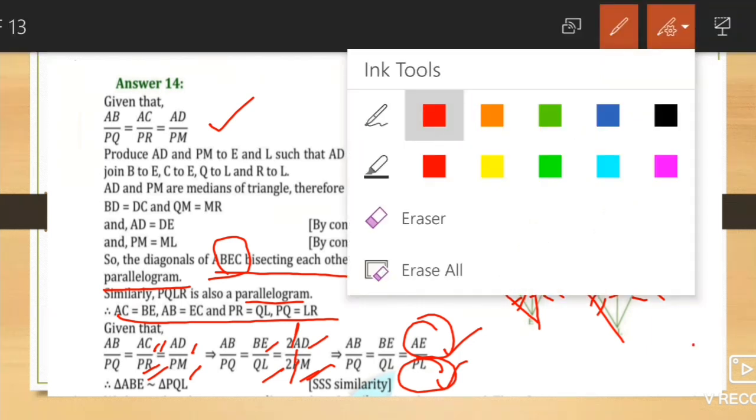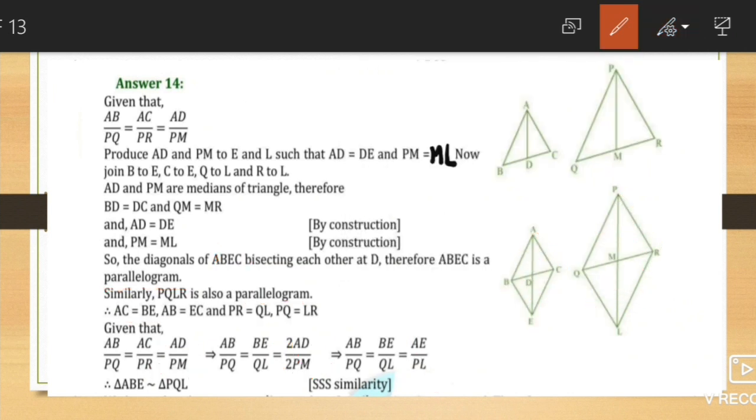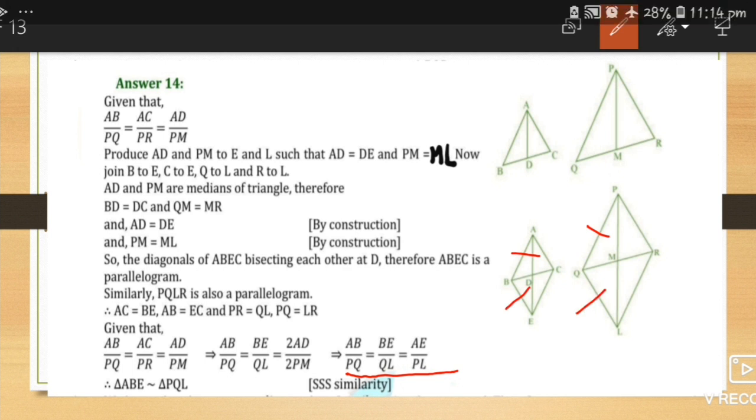So let me erase this and explain again. At the last line I am getting the ratio AB by PQ is equal to BE by QL is equal to AE by PL.